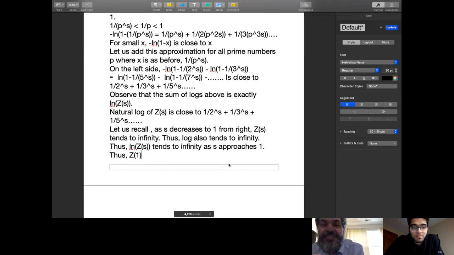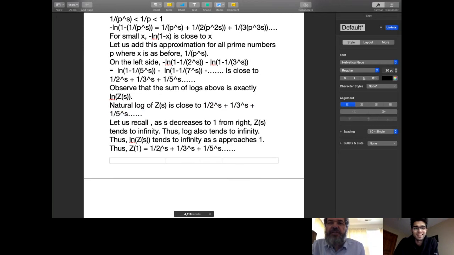Thus, now our sum. Let's remove zeta of 1, and let's remove the other term entirely, because this was not zeta of s. It was close to the natural log of s.